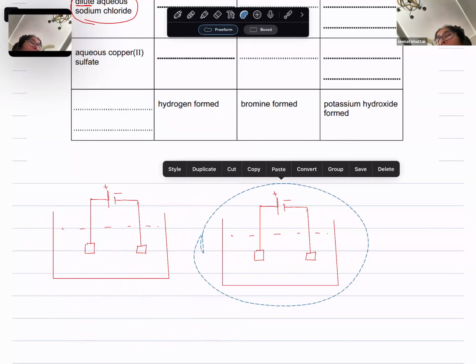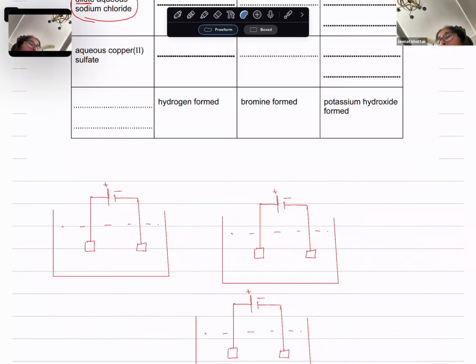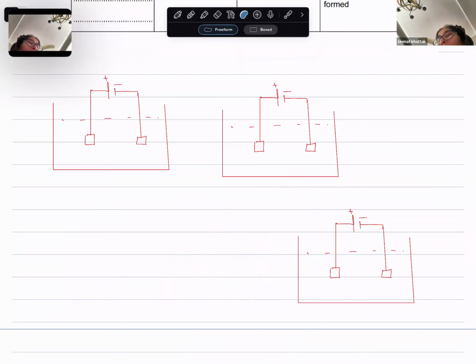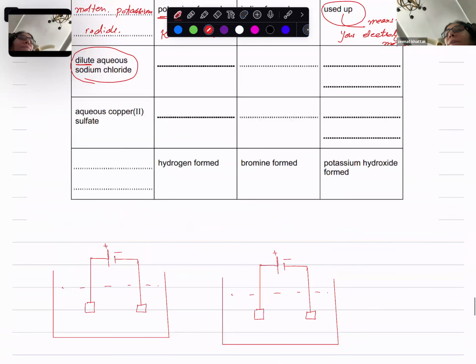3 times. Why? Because I have the other 3 examples. So I'm going to do it this way. Now, what is there? Dilute aqueous: from aqueous, H plus and OH negative. From sodium chloride, Na plus and chloride.